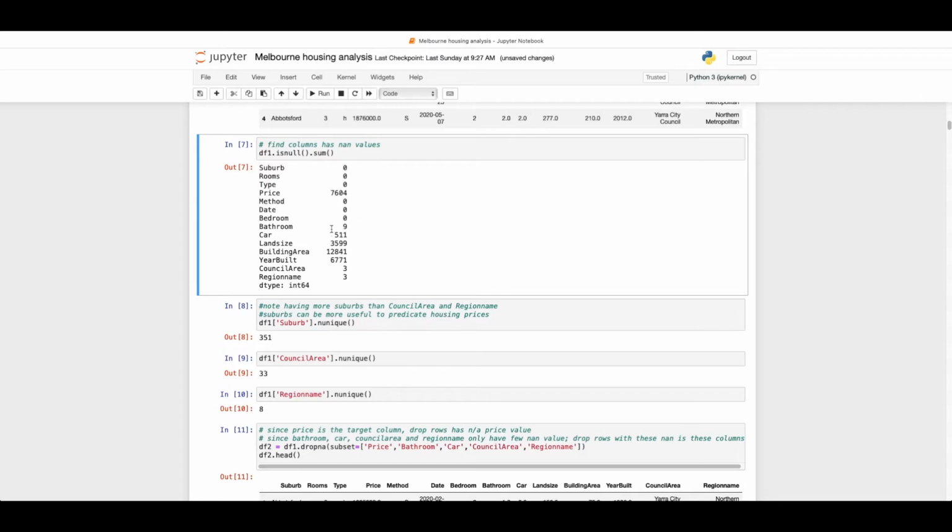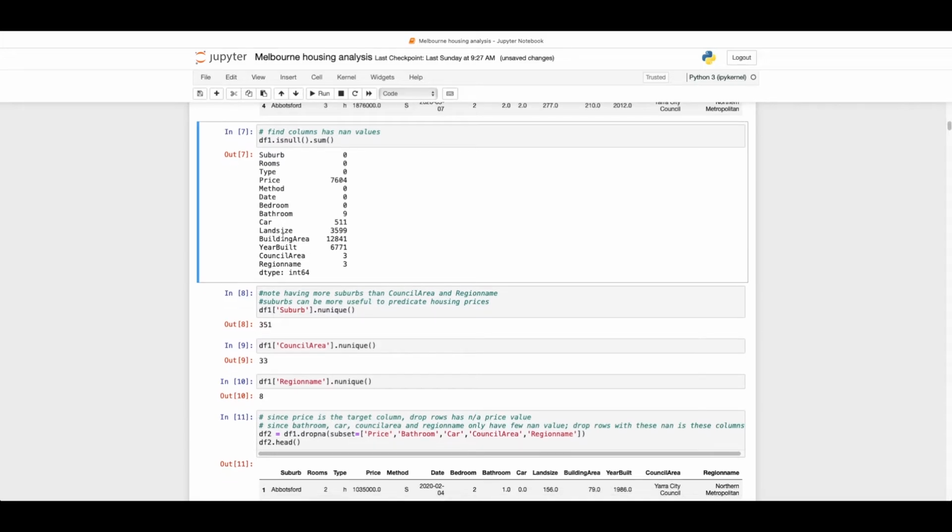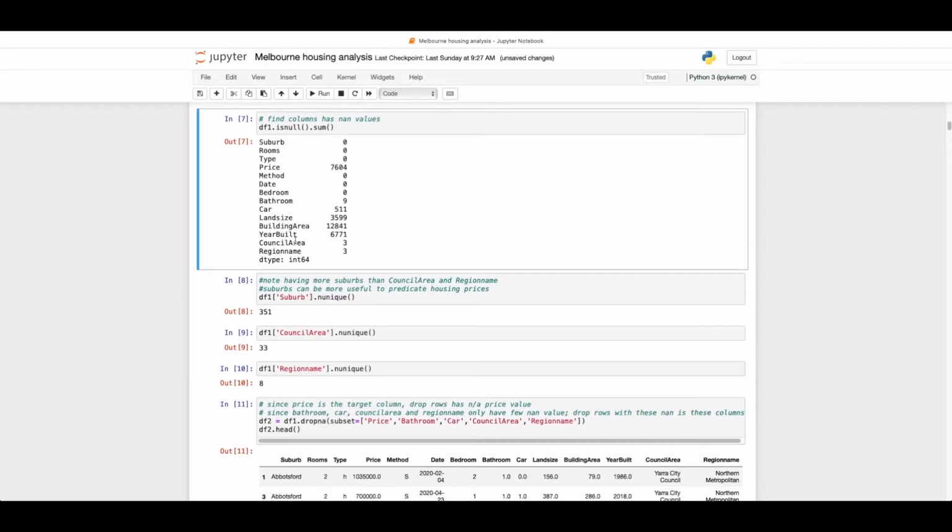We have to drop all those rows with missing price values. And here, council area and region name have only about 3 missing values. We can probably drop all those rows.